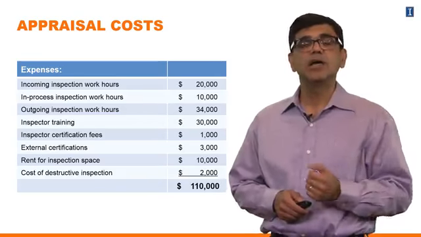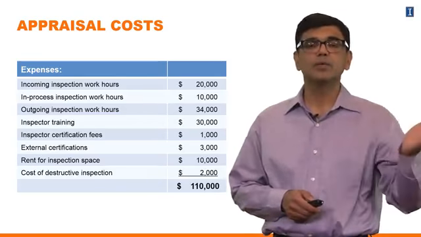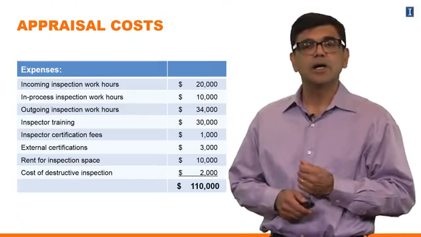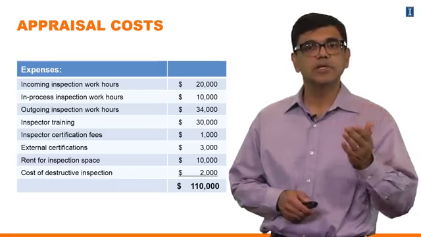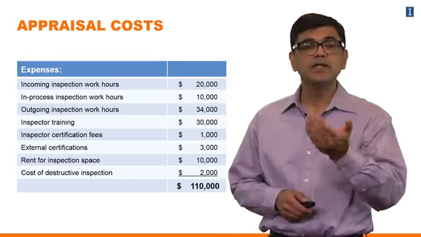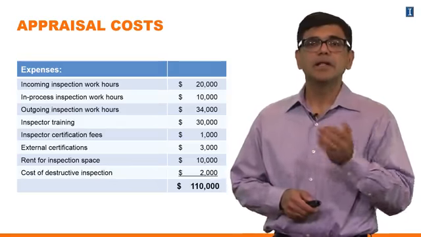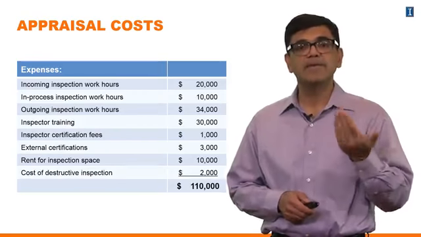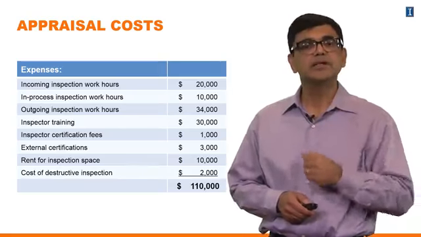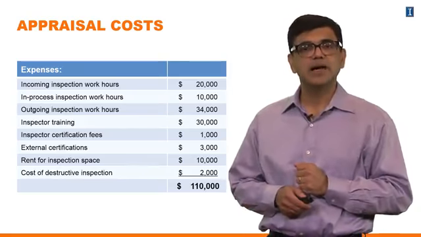You want to say you're ISO 9000 certified, or you want to get some kind of a mark of training from some industrial body or association that you belong to, and you want to use that. There'll be inspection space, and there'll be some destructive inspection. So putting all these together, this company is spending $110,000.